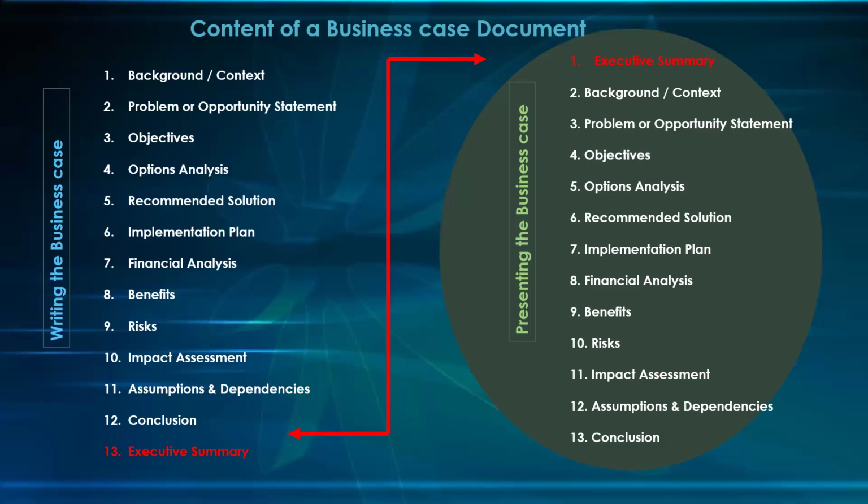So your case will not be like a project business case. For that one, you just need a few lines: this is why I want to do this, this is what I think it will do, and at the end of the day this is how it's going to benefit me. Just a few lines. That's a justification.